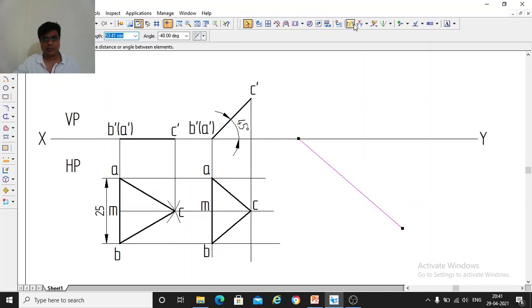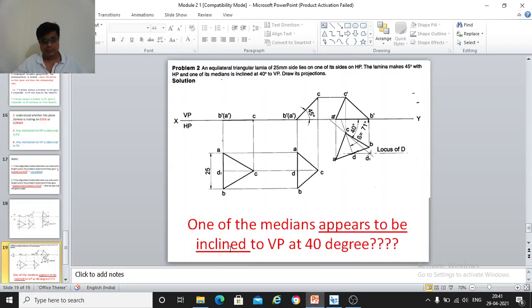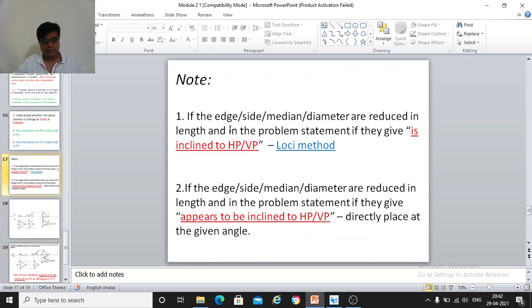You can give the angle here, right? So this is the 40-degree line which is inclined to VP. So the median appears to be inclined now. Directly it is inclined. So these two statements: is inclined to VP, appears to be inclined to VP.